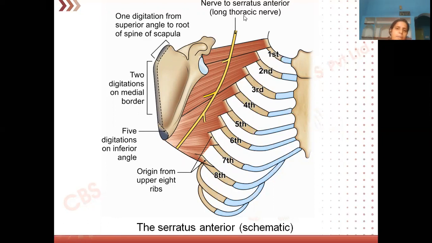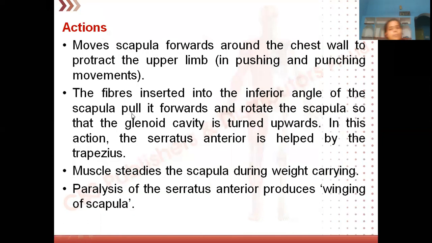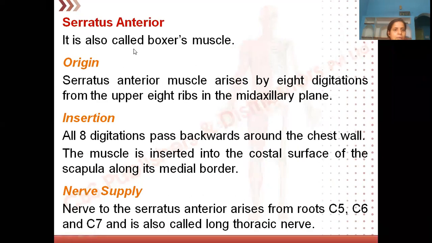What is the nerve supply of serratus anterior? Long thoracic nerve. Okay, long thoracic nerve. So suppose any of these muscles can come as a 5 marks question, either pectoralis major or minor or subclavius or serratus anterior. It's also called the boxer's muscle. Okay, so how many digitations does it arise from? 8 digitations from upper 8 ribs in the mid axillary plane.